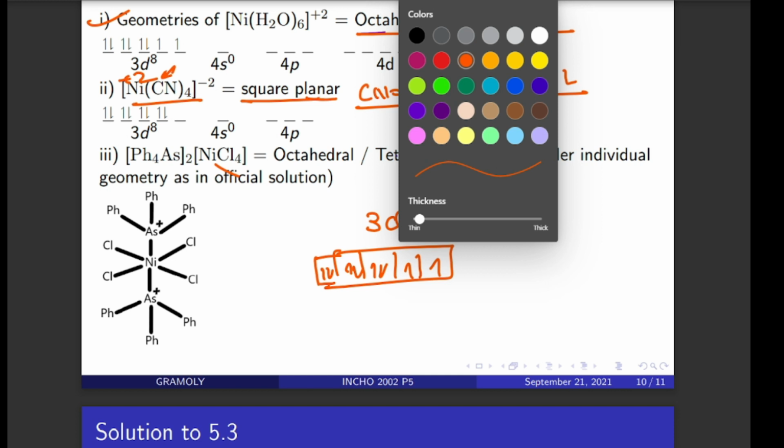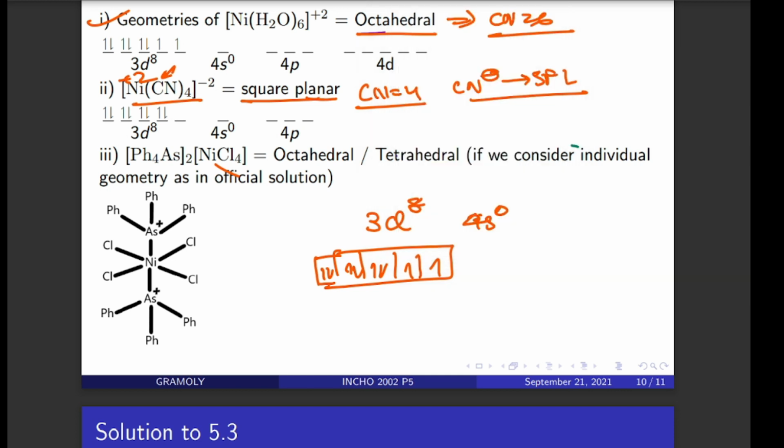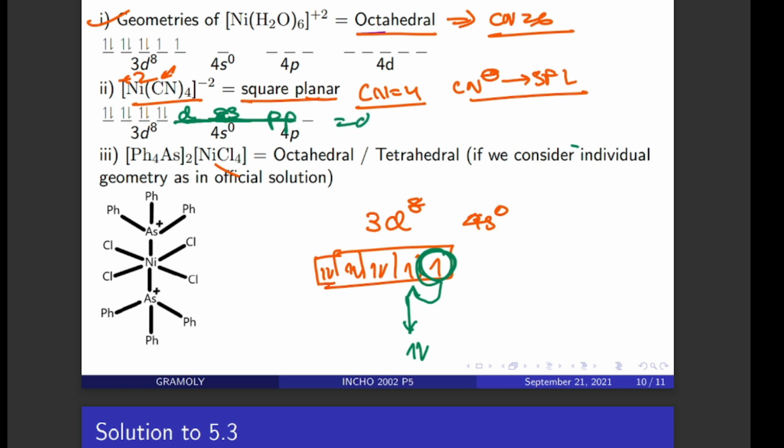It does the pairing of these two unpaired electrons and makes them sit in one orbital, due to which one vacant orbital is left, which would be used in hybridization. Say d, then there are 2 s, and this p, dsp2, which corresponds to the square planar state.